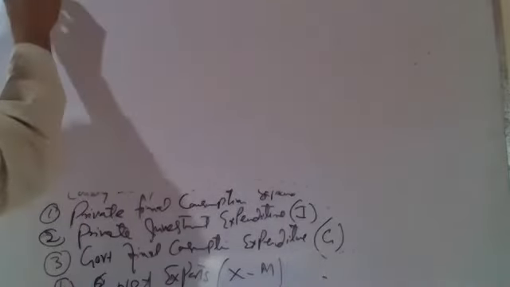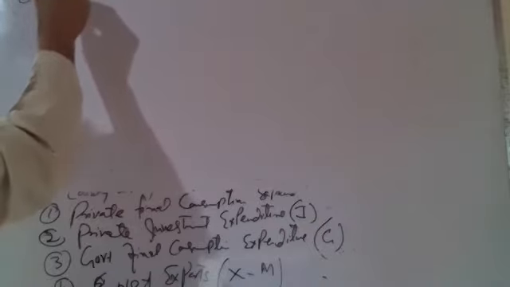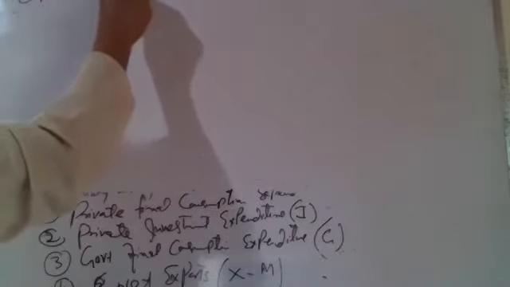First, underline this: private consumption expenditure, C. It refers to the expenditure made by the private sector on consumer goods and services.